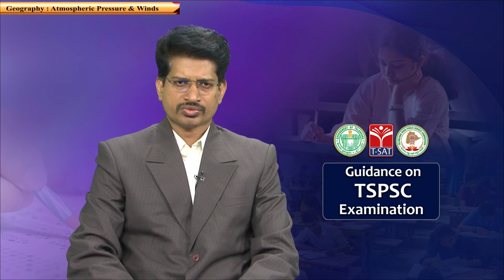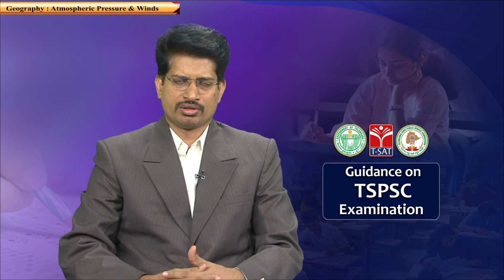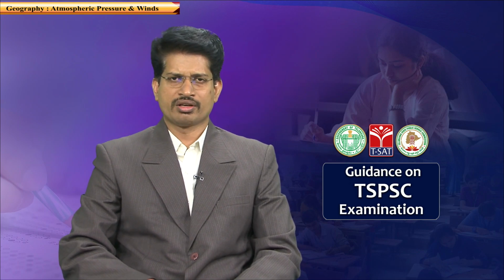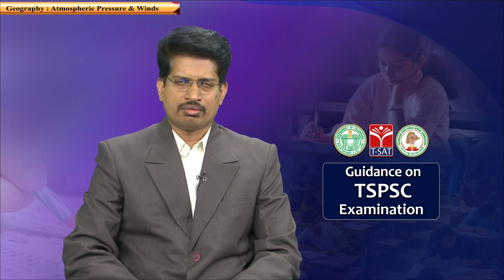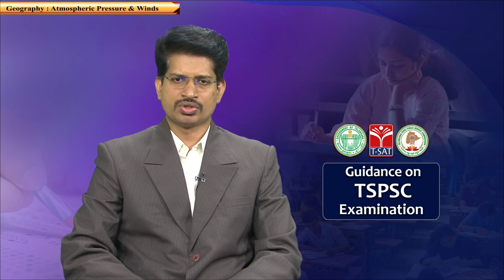This atmospheric pressure is measured with an instrument known as a barometer. In the projection being given to you is a traditional, basic, fundamental atmospheric pressure measuring instrument, the mercury barometer.